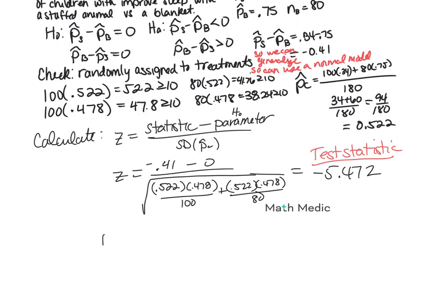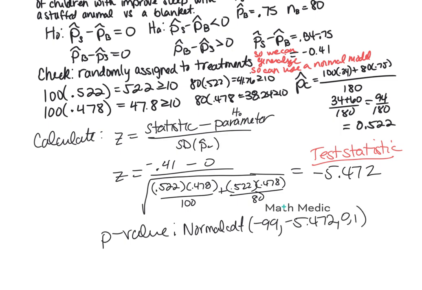And then to get my p-value, my hypothesis was just less than. So that means I'm going to do negative 99. That's normal CDF. Negative 99, negative 5.47201.